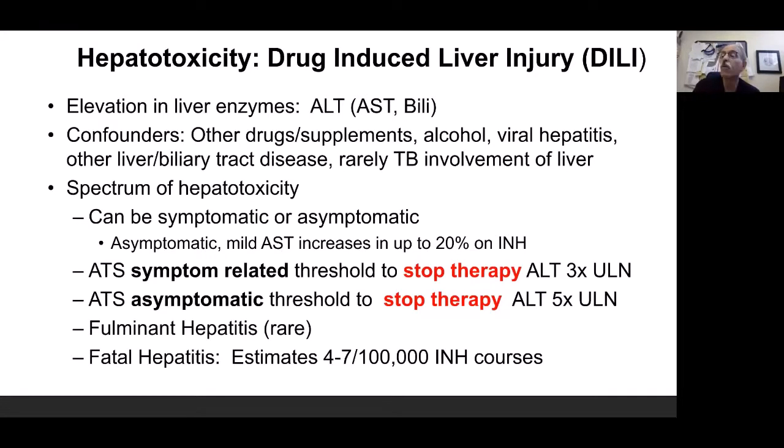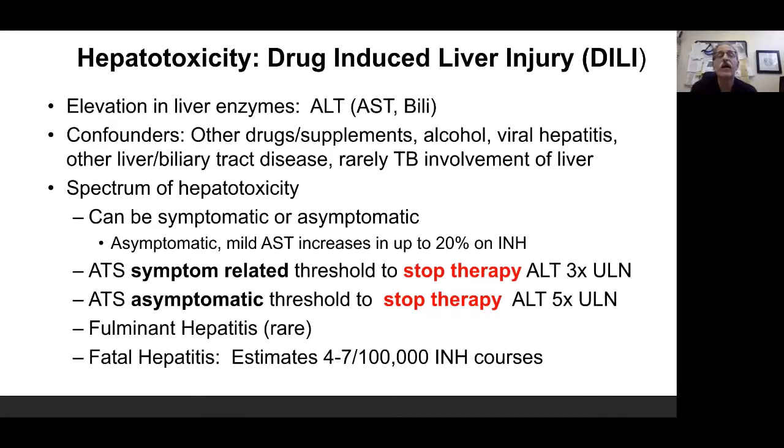And every once in a while, we'll see somebody who actually has biliary tract or liver involvement from their TB, and the liver enzymes are actually part of their disease and get better as their TB disease is treated. Can be symptomatic or asymptomatic.